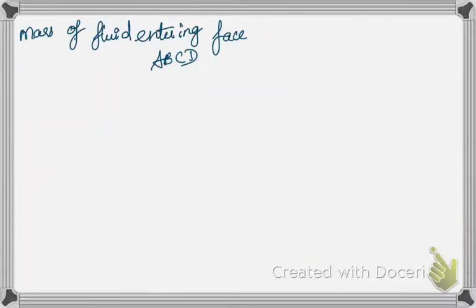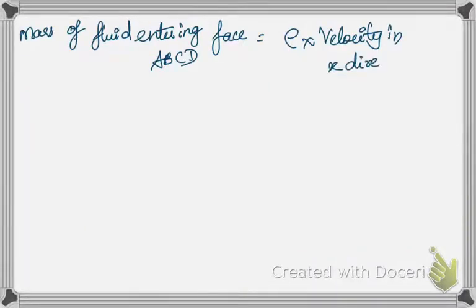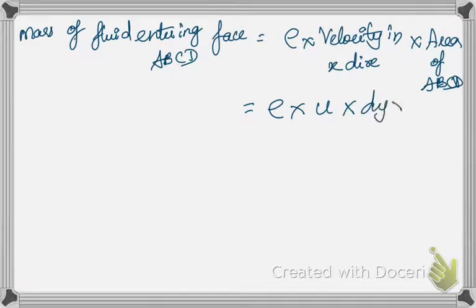So I can write it as density into velocity in x direction, since it is entering like this, into the area of ABCD. So rho into velocity in x direction, which we have taken as u, and the area ABCD is going to be dy into dz. Let us keep this as equation 1.